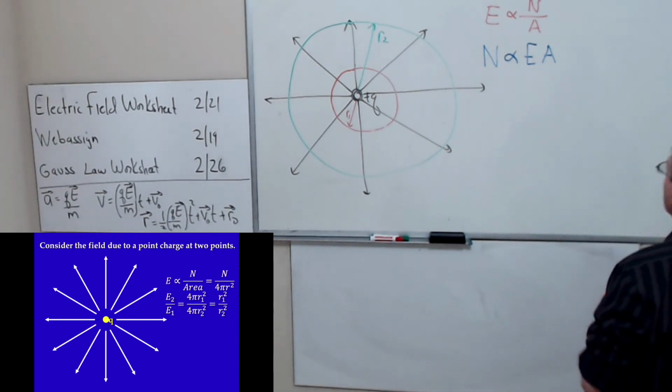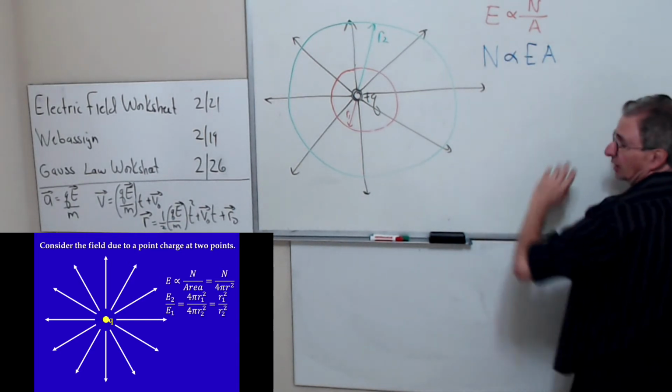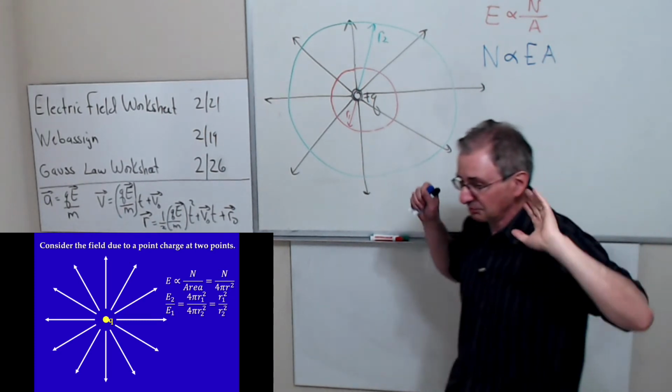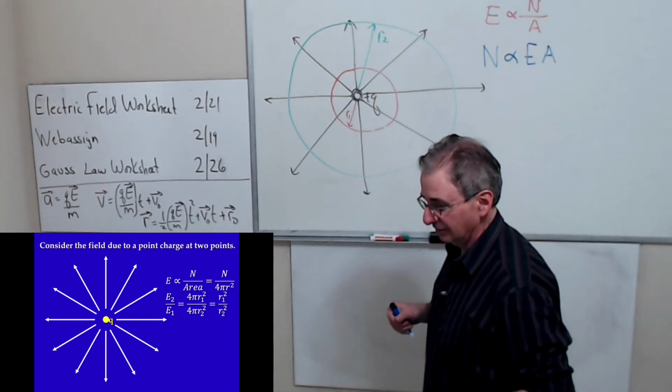Whatever N is, there's probably some proportionality constant I'm missing, but I don't care.